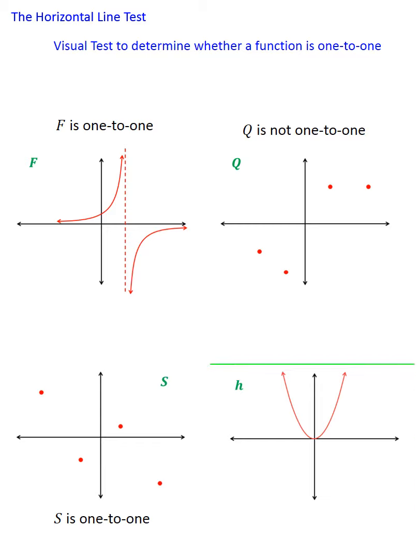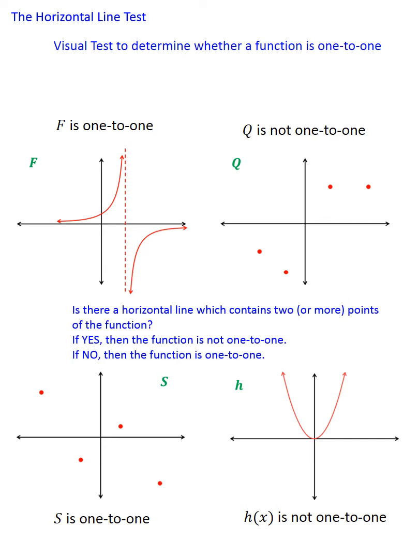And H, was there ever a moment, could you have paused the video at an instant and had that horizontal line intersect H twice? Yes, there were infinitely many places you could pause the video. Here's one of them. And if a horizontal line hits the function twice or more, then that function is not one-to-one. Here's a summary of everything we just said.